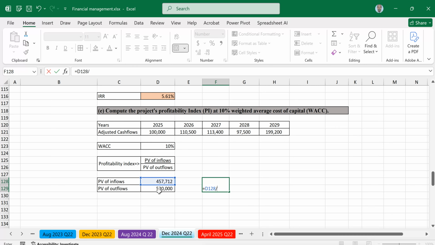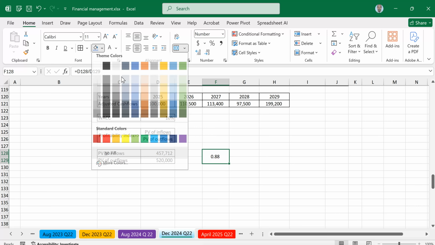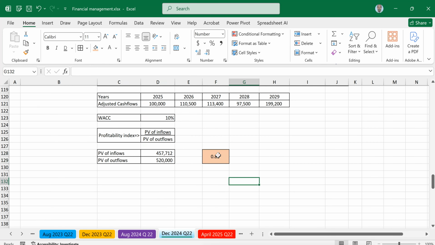That will be the answer given. 0.88. I hope that completes that, and we get our final answer as 0.88. That is what the examiner required. This will be the PI of 0.88.